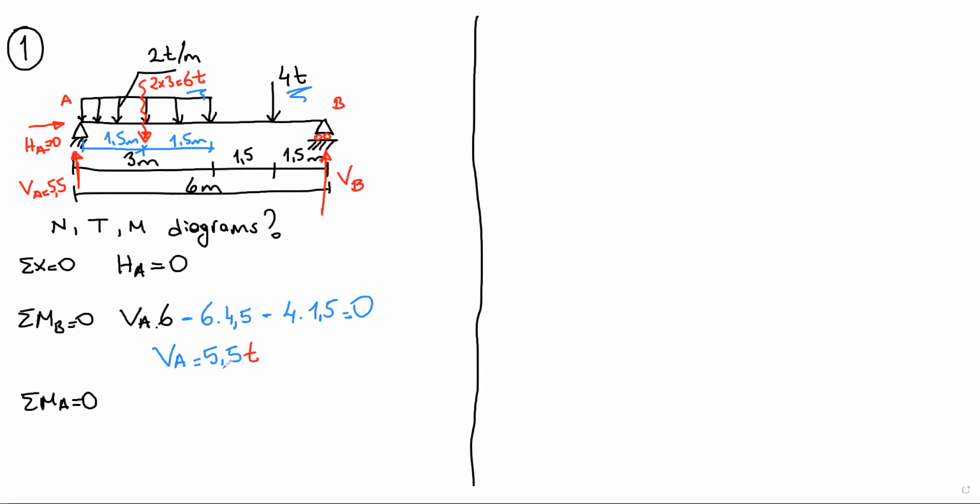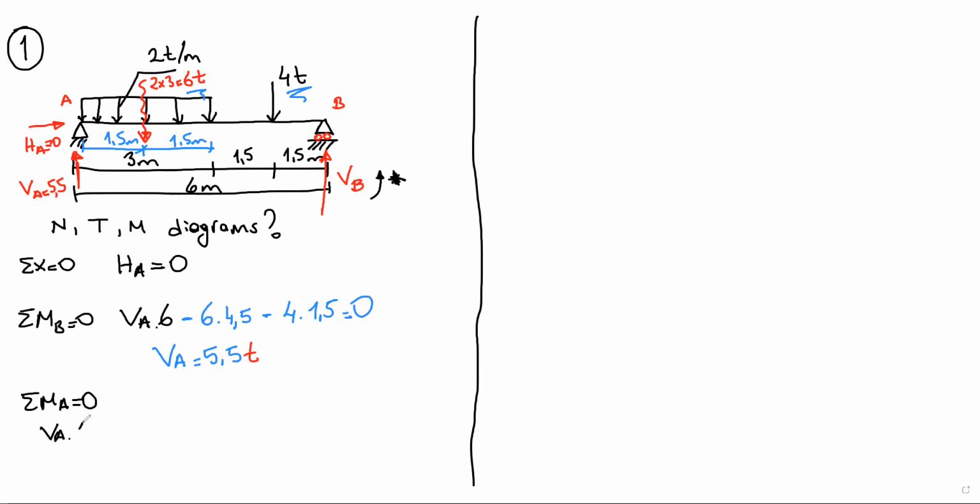Total MA equals 0. Now we have vertical B at point B. If we assume that this direction is positive, we can write all the moments according to this assumption.